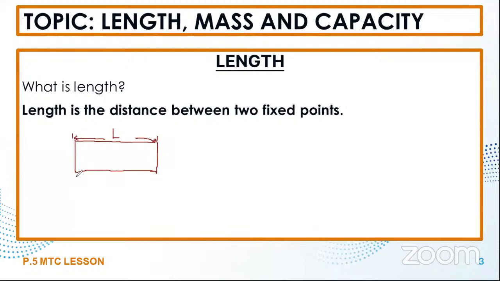Even down here, you also have the length. Different shapes have the length, but they're given specific names. Even this side, the distance from here to here, is also the length, but because it is a rectangle, you will call it width. So the distance between 2 fixed points is what we call the length.